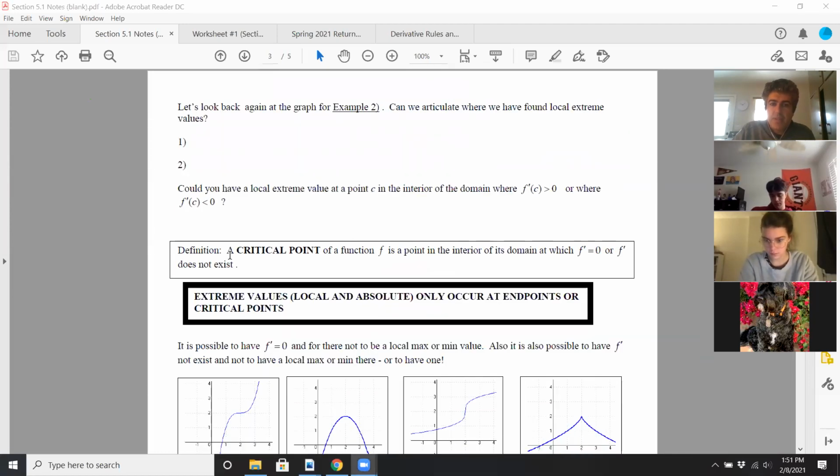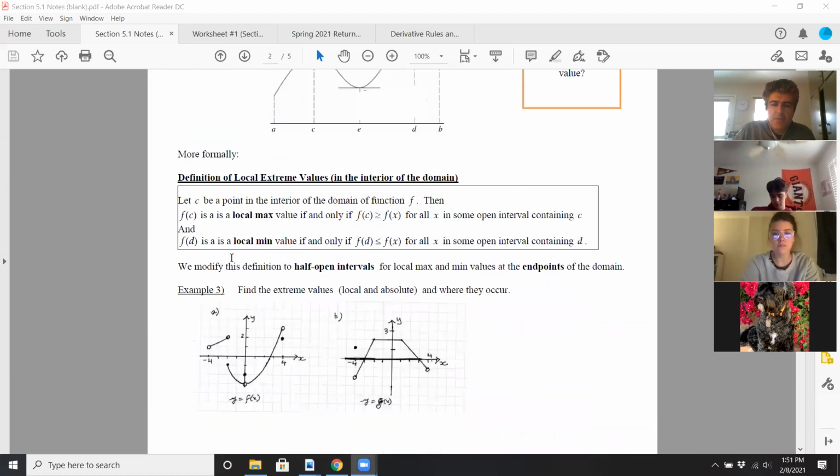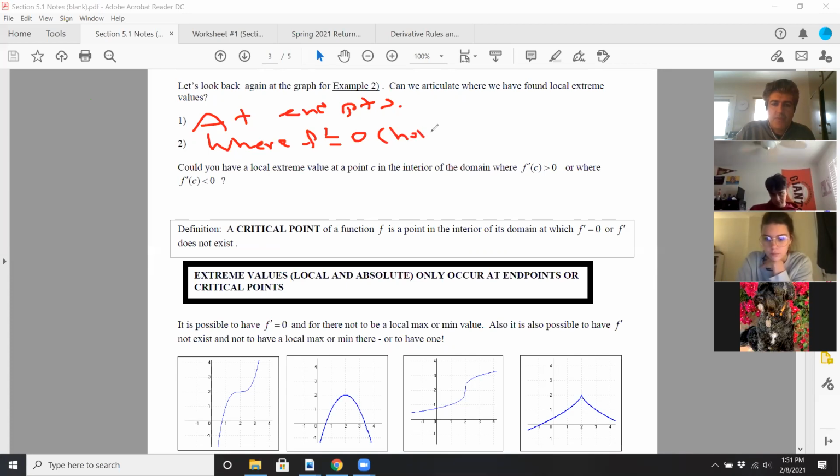Okay, so let's revisit what we just talked about in example 2 here. Can we articulate where local extreme values will happen? They seem like they will happen at endpoints of your domain, or your interval. And it seems that it'll happen where f prime equals 0, meaning you have a horizontal tangent.